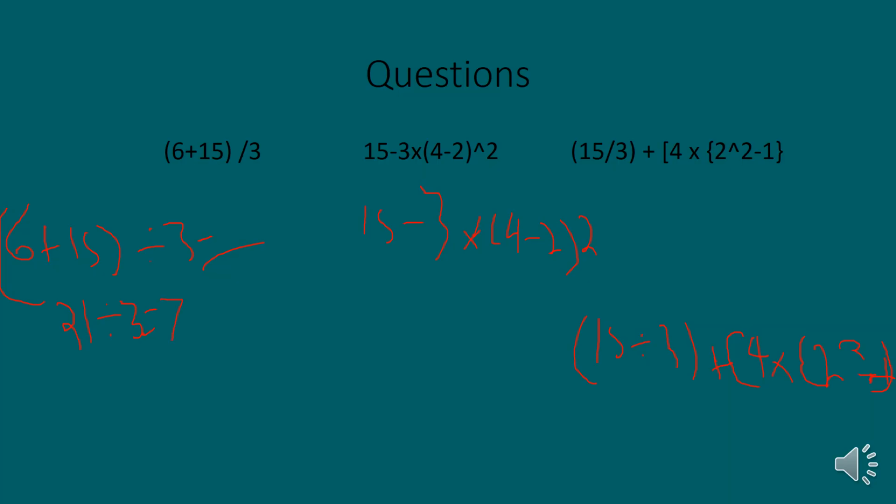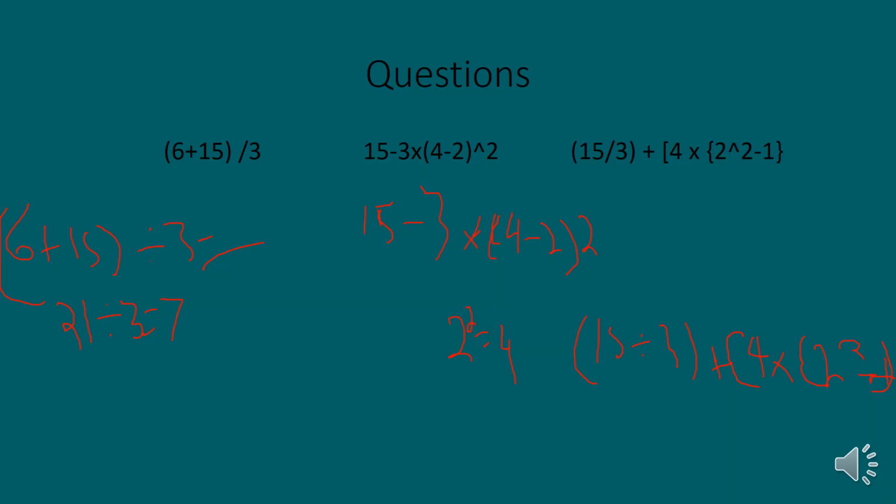The next question is 15 minus 3 times 4 minus 2 to the power of 2. So we first do 4 minus 2 because it's the first thing in the brackets, which equals 2. Then 2 to the power of 2 equals 4.